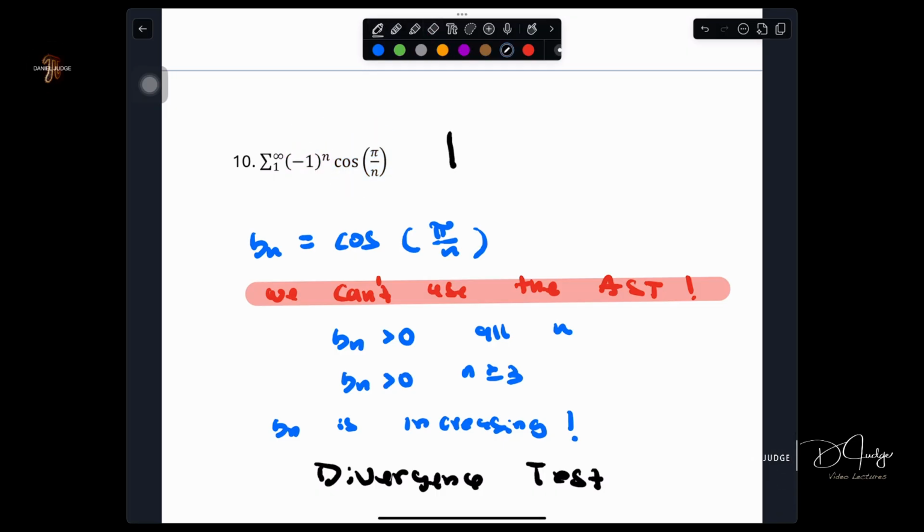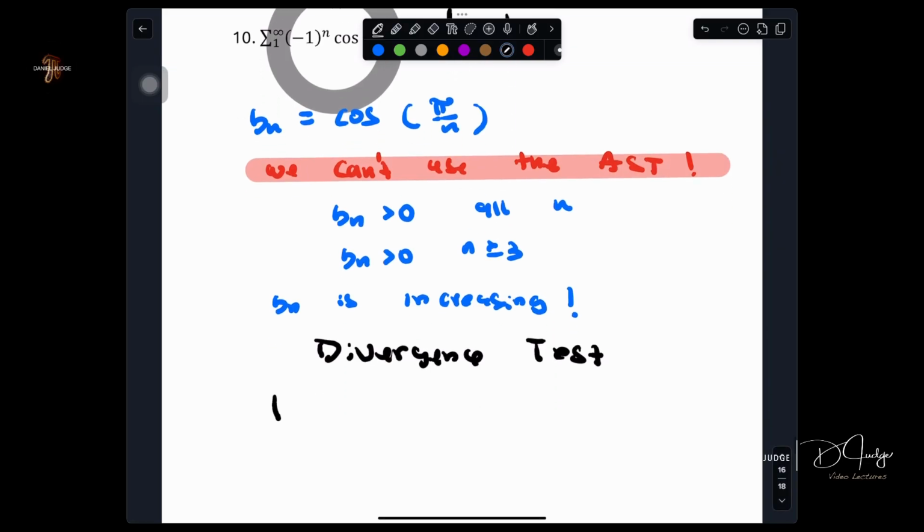We're going to look at it in terms of the absolute value now. Okay. So the absolute value is defined to be -1 to the n cosine pi over n.